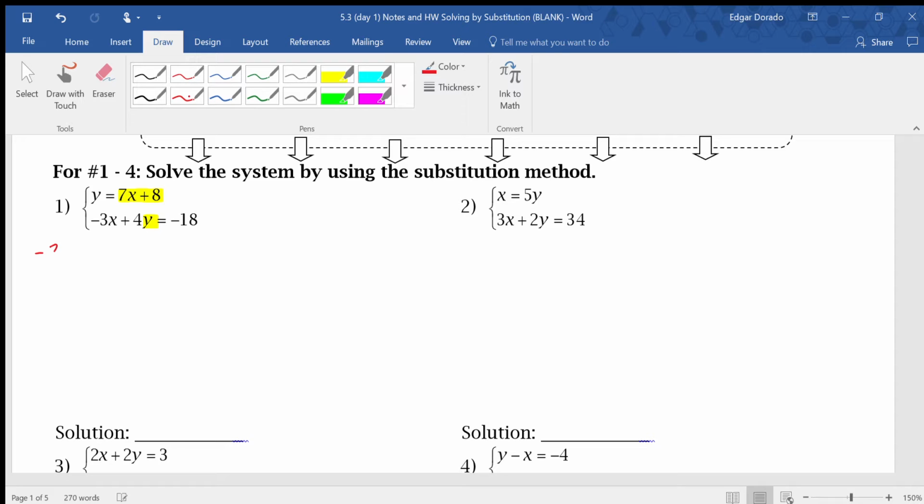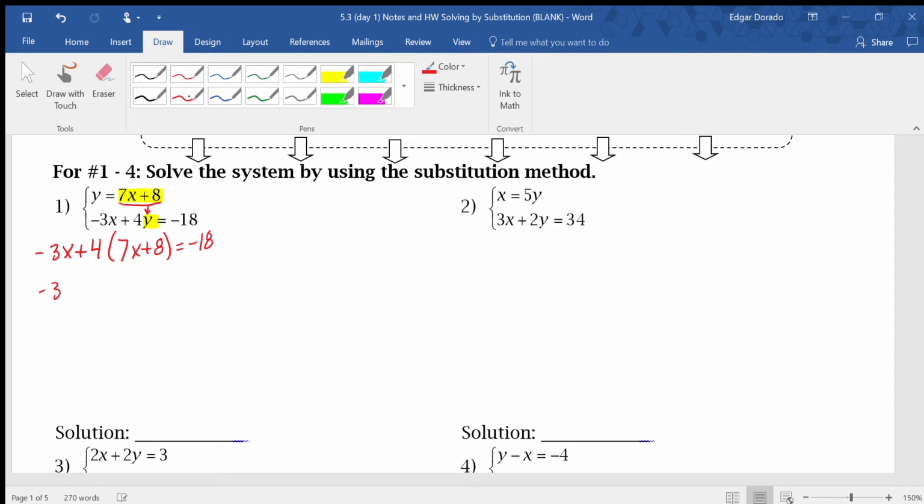So let's go ahead and do -3x plus 4 in parentheses. Now this I'm going to put in there. So this would be 7x plus 8 equals -18. All right, now we just have to distribute a little here.